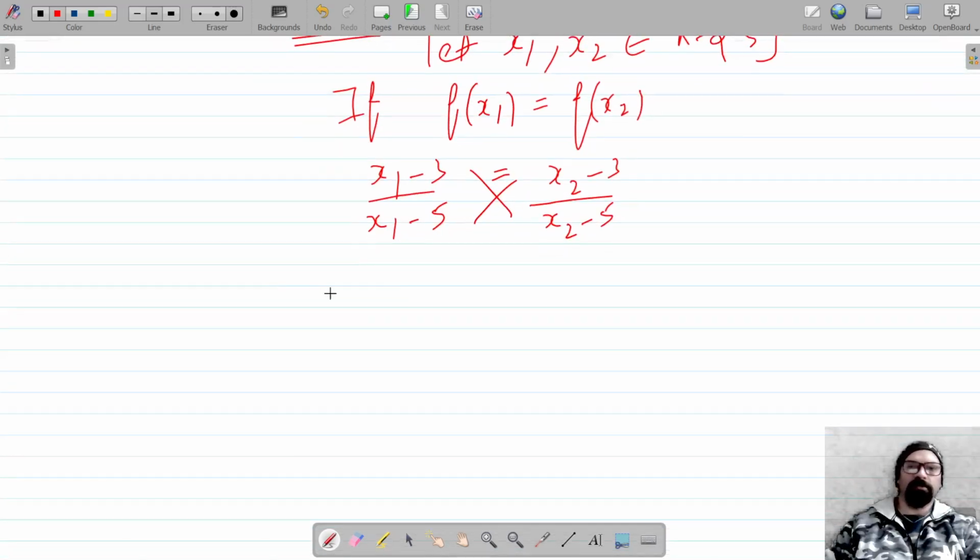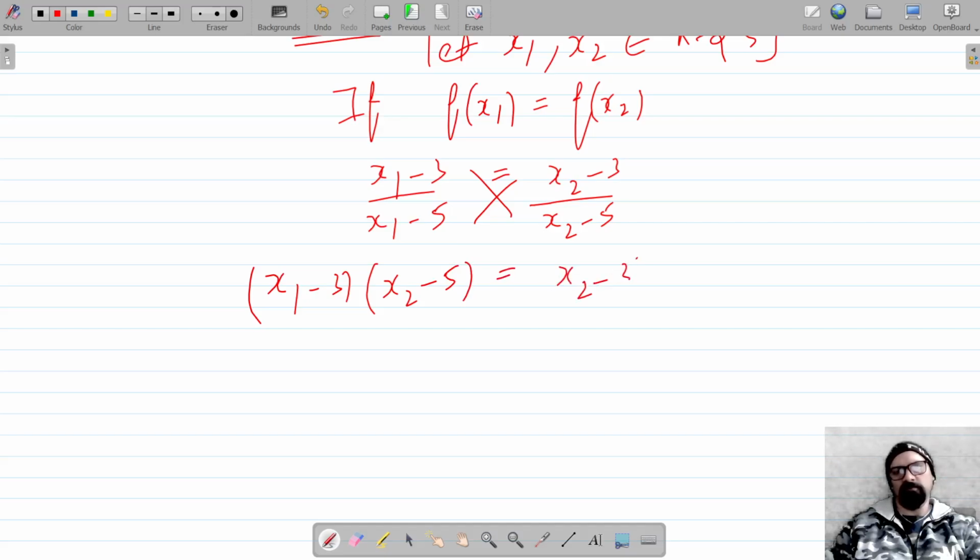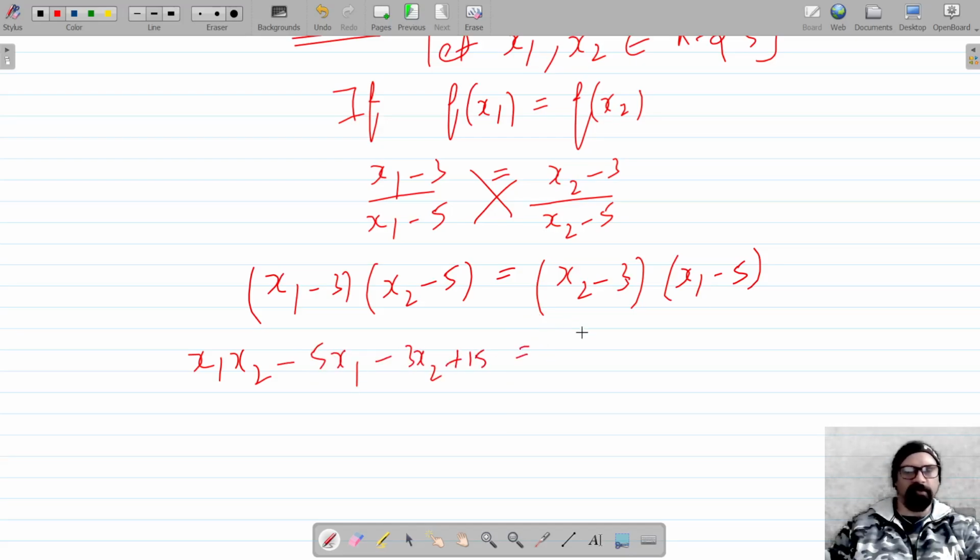And let's cross multiply this, which gives me x1 minus 3 into x2 minus 5 is equal to x2 minus 3 into x1 minus 5. So let's multiply this. This is x1 into x2 minus 5x1 minus 3x2 plus 15. This is x1 into x2 minus 5x2 minus 3x1 plus 15. So we can strike these two off.